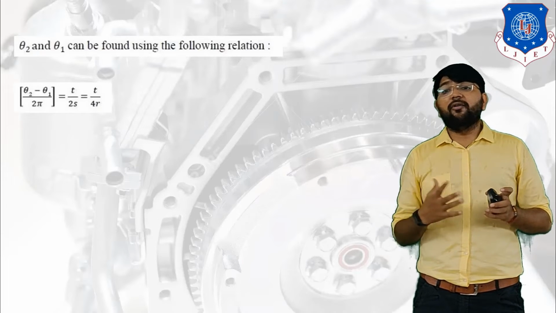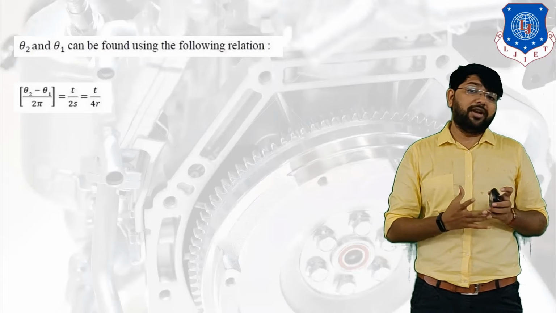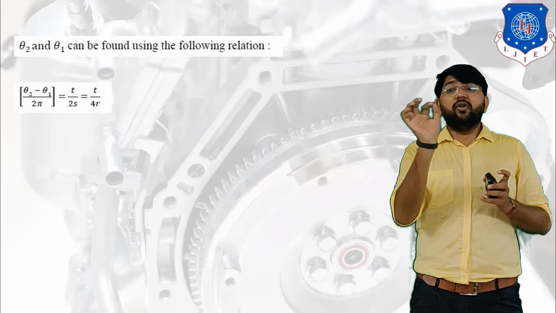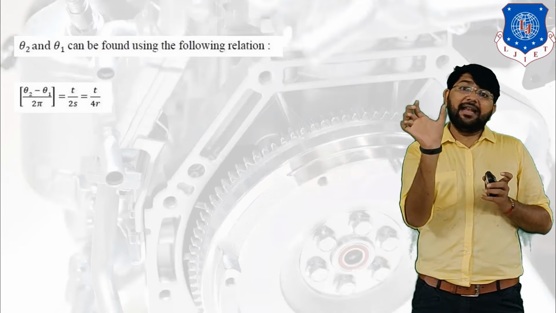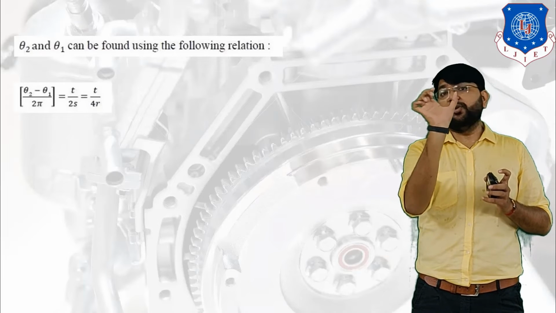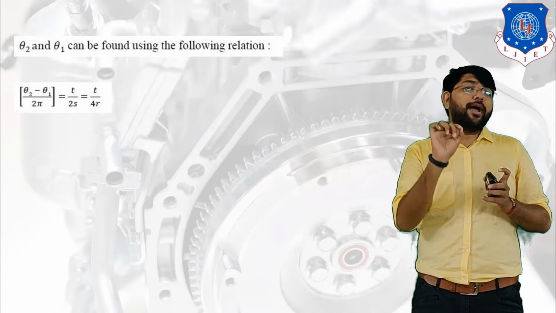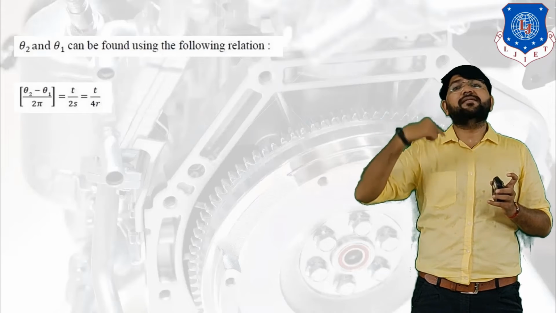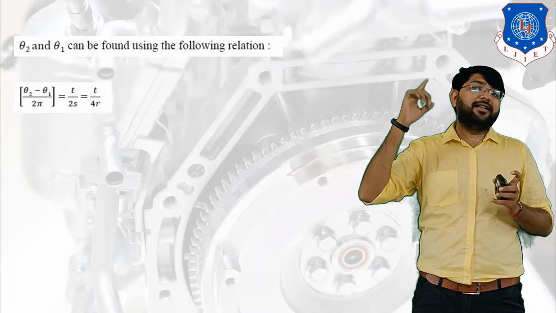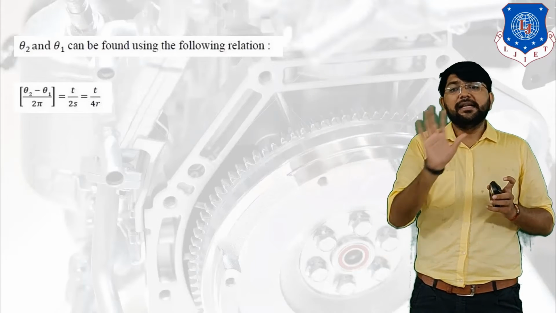Now theta 2 and theta 1 can be found using the following relation. Theta 2 minus theta 1 indicates the duration of actual punching, and 2 pi indicates one revolution, meaning 360 degrees, which in radians is 2 pi.